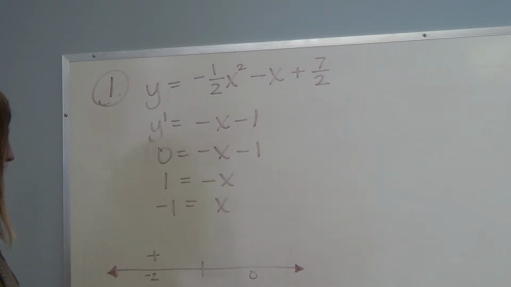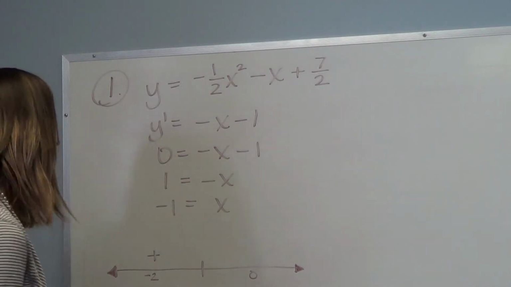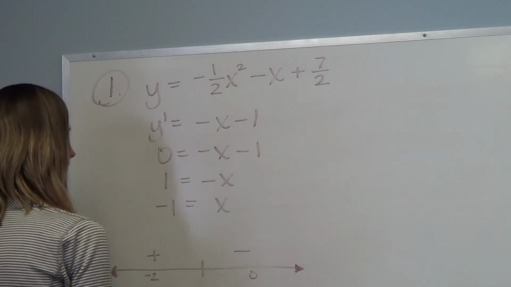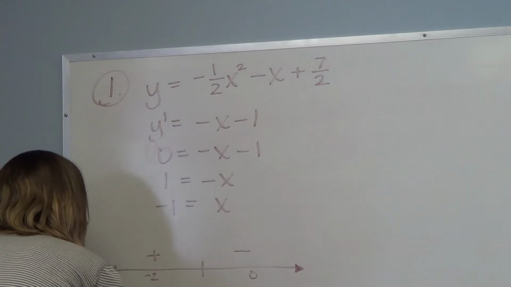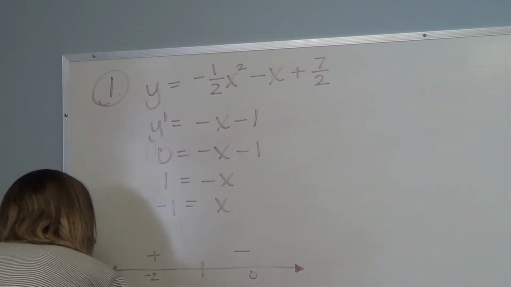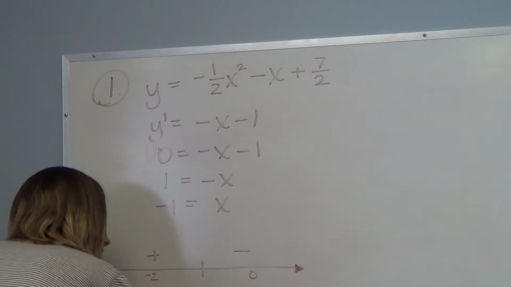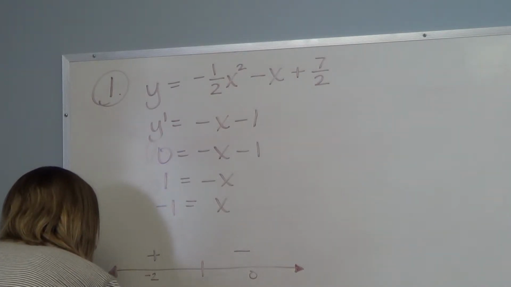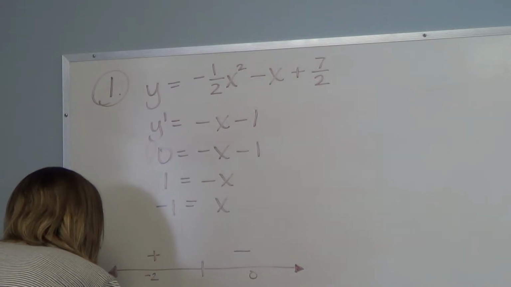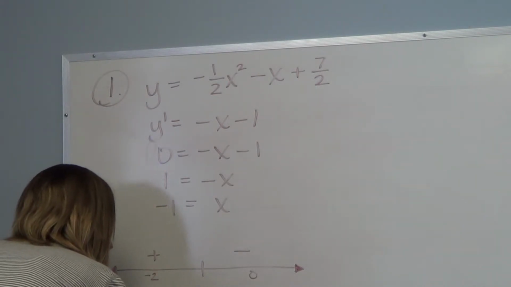And if I put 0 in, I will get negative. So that means it's increasing from -infinity to -1, and it's decreasing from -1 to infinity.